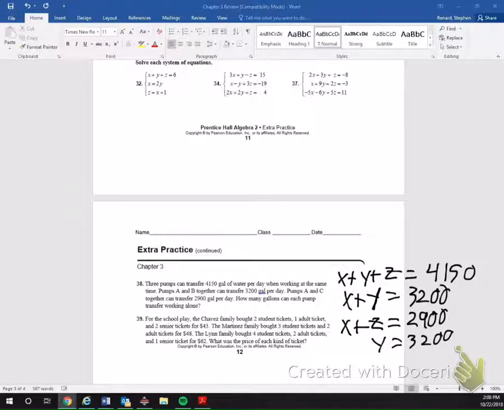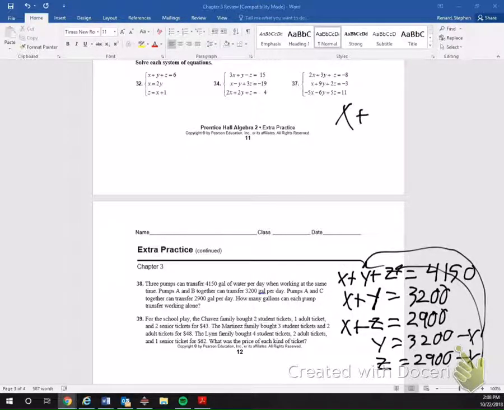the second and third one for y and z. So just subtracted x from both sides. That was on these two. And that allows me to then substitute in and gives me the equation in x. Now instead of y, I'm going to write 3,200 minus x. And instead of z, I'm going to write 2,900 minus x.